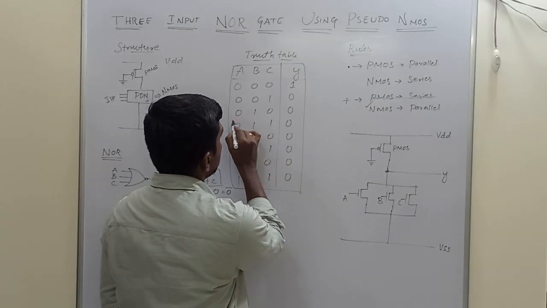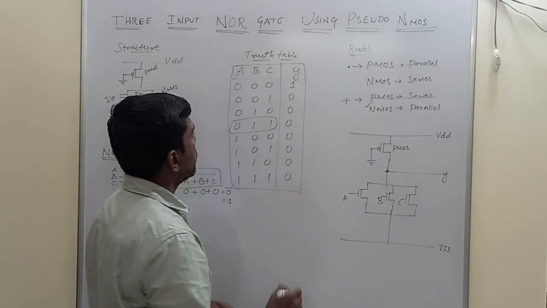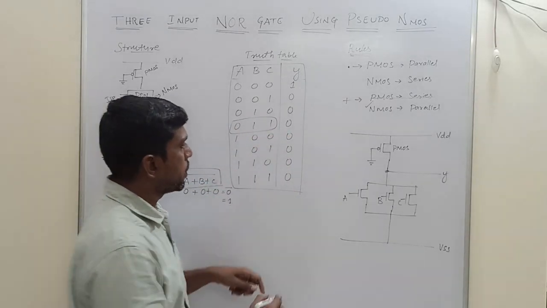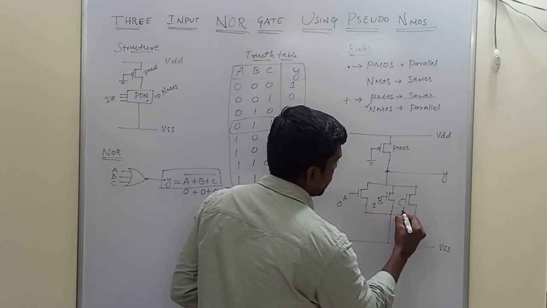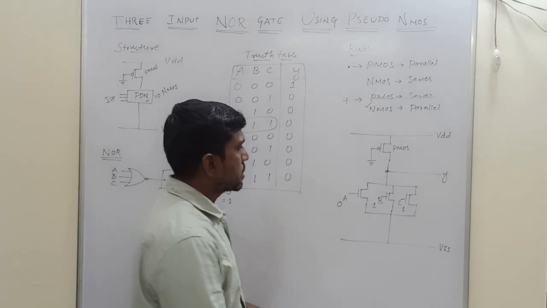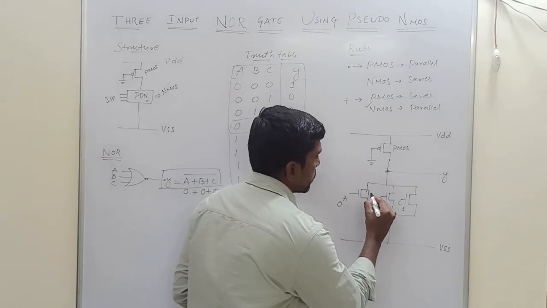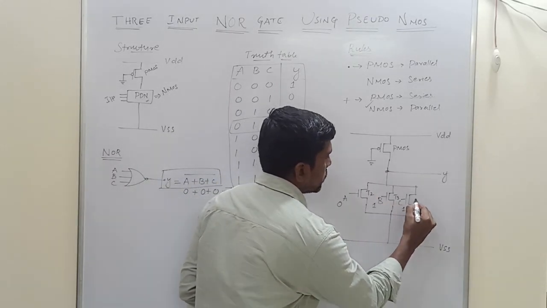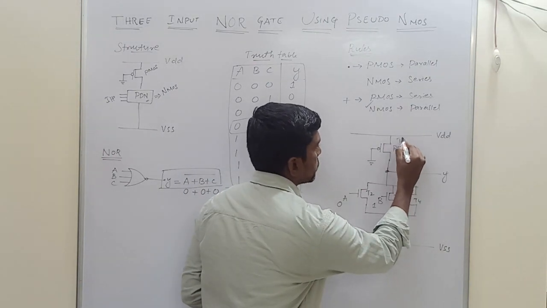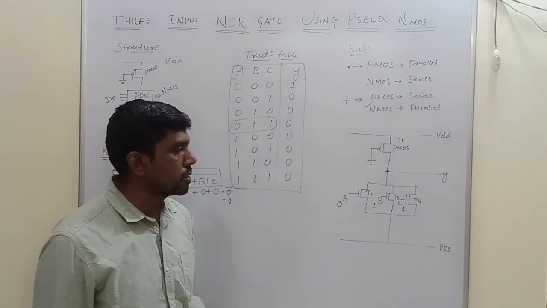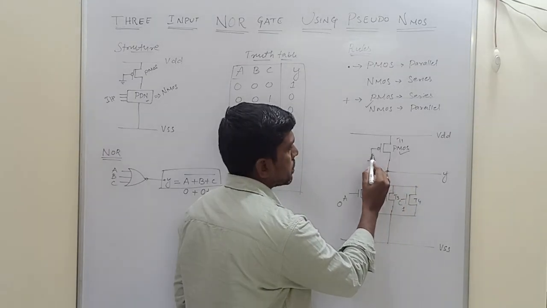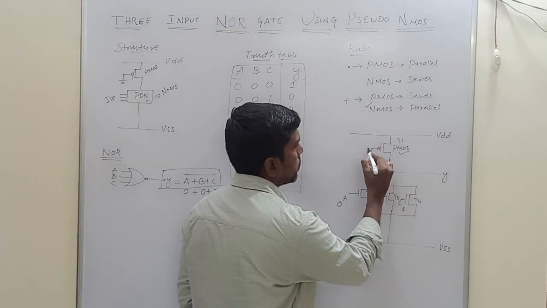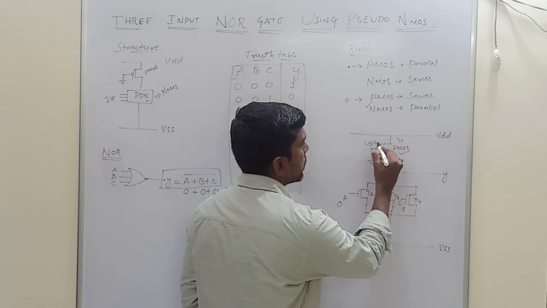Now I substitute the input values in this circuit. Let me consider A value 0, B value 1, C value 1. This is the T1 transistor, and these are T2, T3 and T4. In this case, the T1 transistor is turned on because the gate is connected to ground, and the ground equivalent logic value is 0.